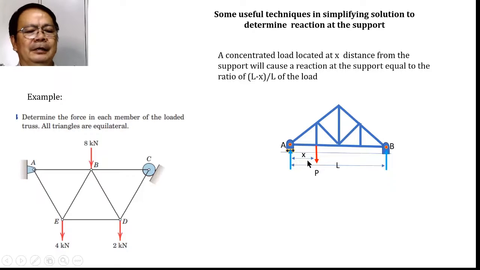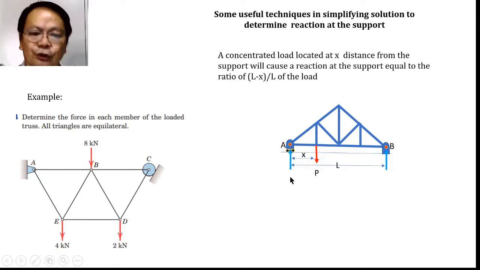Diba? Sa makatwid, ito daw A na ito will have a reaction equal to the ratio of the distance of this P from the other support, that is equal to L minus X, to that of the total span.